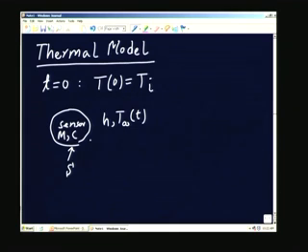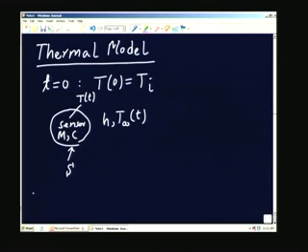So, let us look at the way the temperature of the sensor is going to vary. So, this is your T subscript c at t throughout. I am assuming that it is uniformly the same temperature throughout that object. Let us look at the rate of change of the temperature of the system.